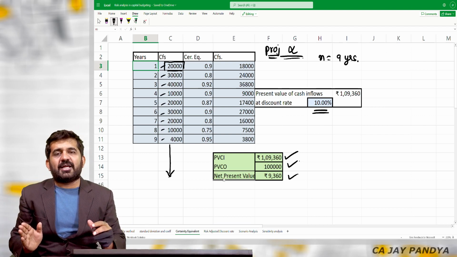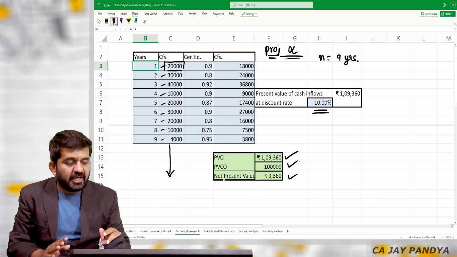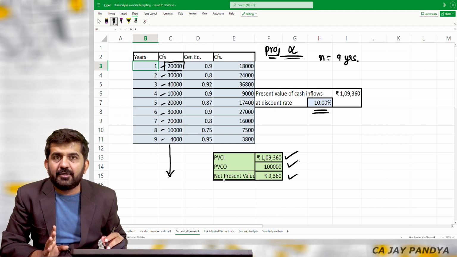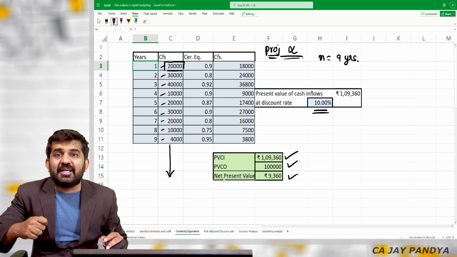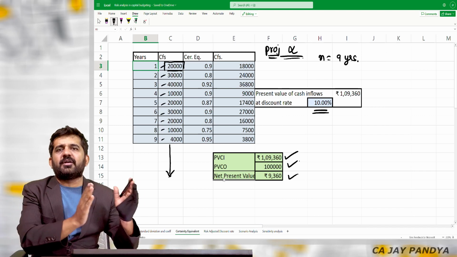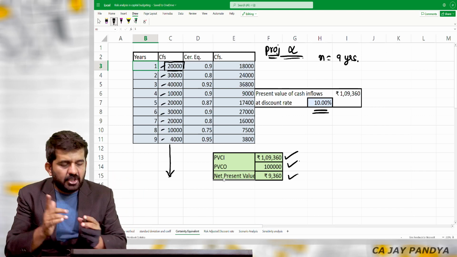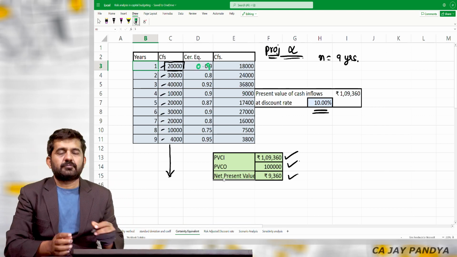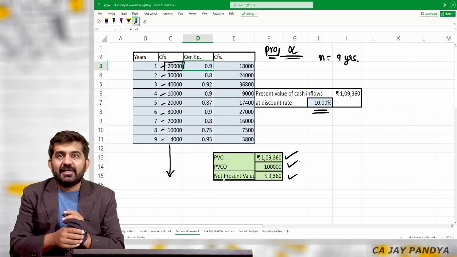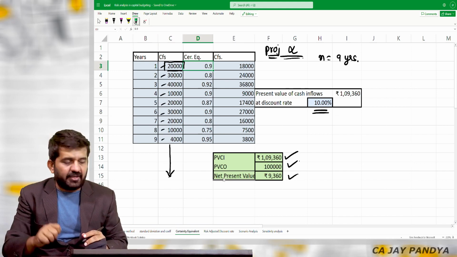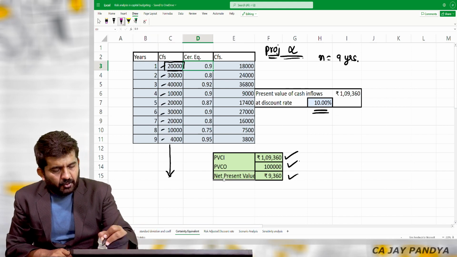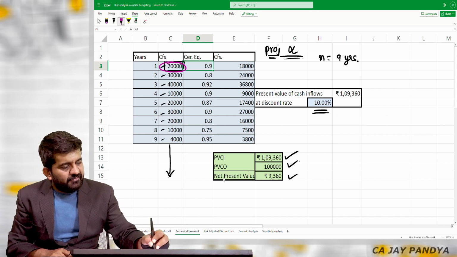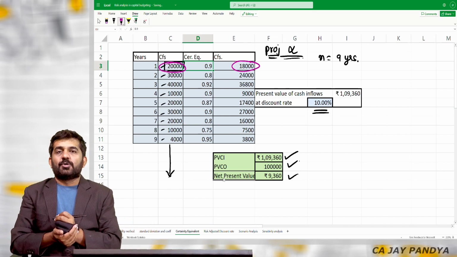So there are still 10% chances that this cash flow will not happen. What is the certainty equivalent? You need to hire an economist who will give you this answer. Say 0.9. Then, instead of taking the cash flow as 20,000, I will take the cash flow as 18,000.